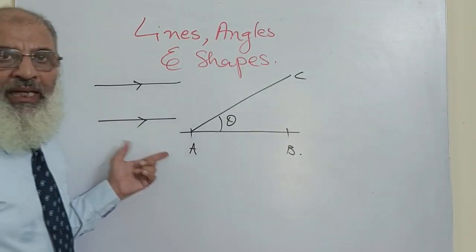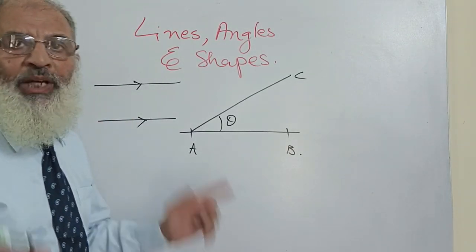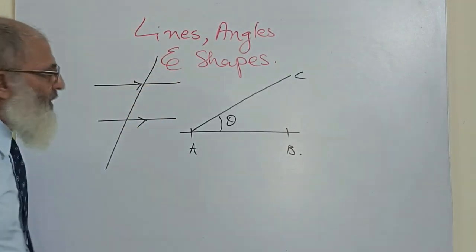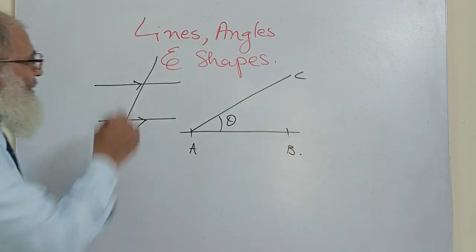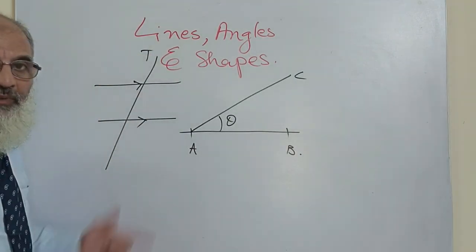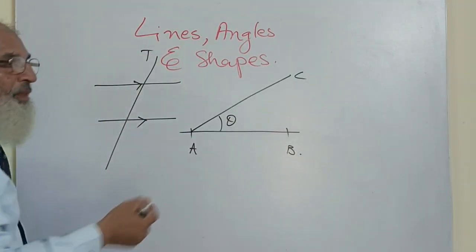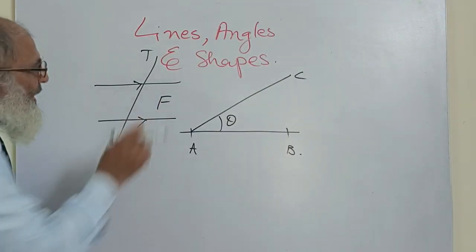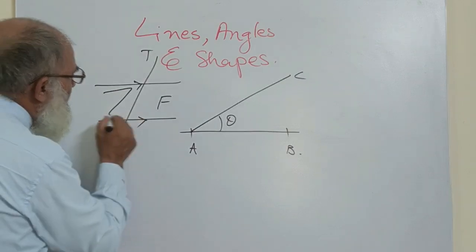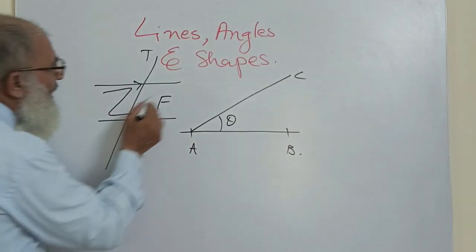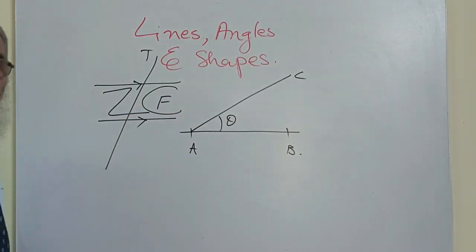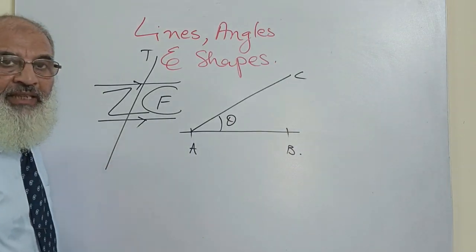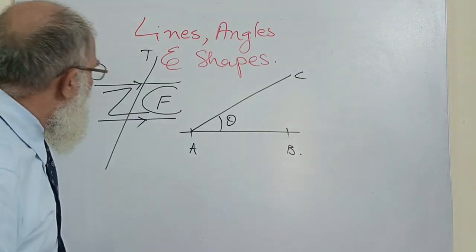So these are the parallel lines, and don't show any characteristics unless and until we intersect them with the transversal. Now there are some angles formed which were called F angles, Z angles, and C angles. You know it very well, and we have done some exercises on this.